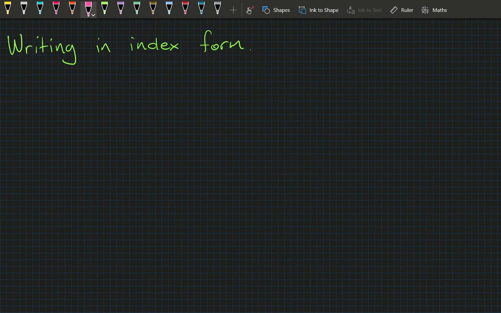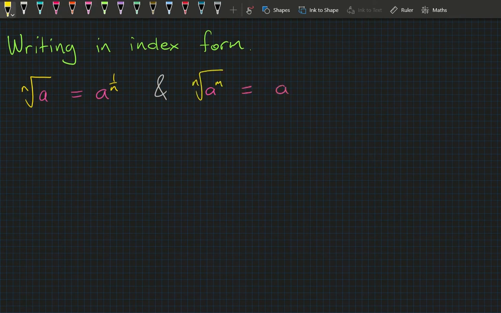In this section, we'll be converting from root notation into index notation. So as we've demonstrated in the introduction, the nth root of a is equal to a to the power of 1 over n. And that also means that if you have the nth root of a to the m, well, that's equal to a to the m raised to the power of 1 on n, which is equal to a to the power of m divided by n, because by law 3, m times 1 on n equals m on n.